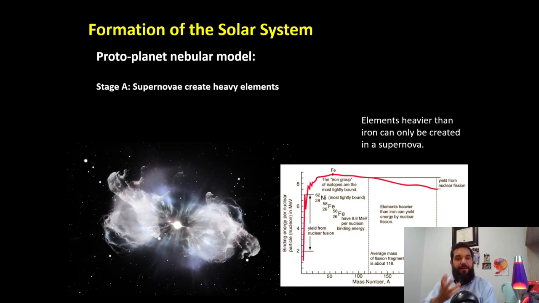So the fact that we have those elements in our solar system shows us that probably there was a supernova very close by when we started out. So we're what's called a second generation star. That means that before our star formed, there was another star that began, lived out its life, collapsed, and became a supernova, and then jump-started the formation of our solar system.